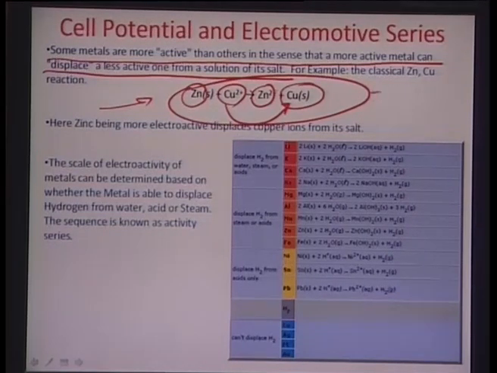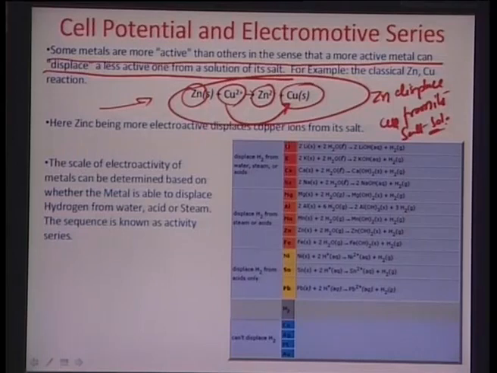So zinc was able to clearly displace copper from its salt solution. I can consider zinc to be more electroactive than copper ions.